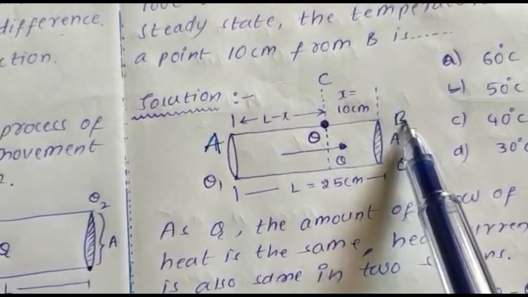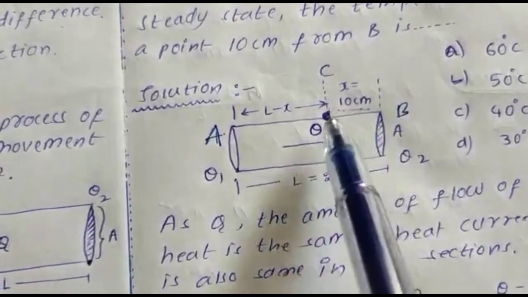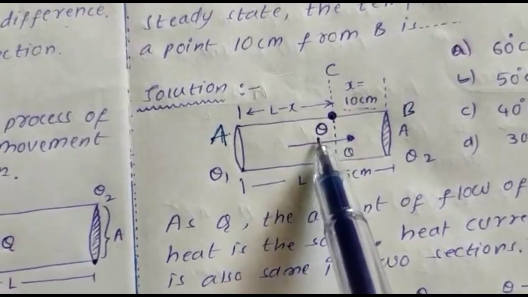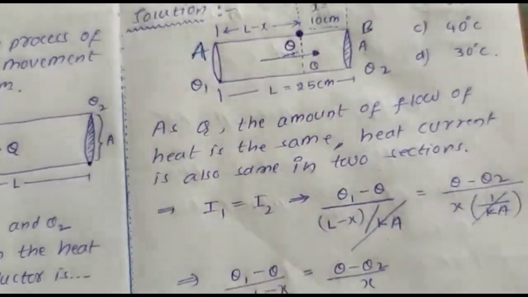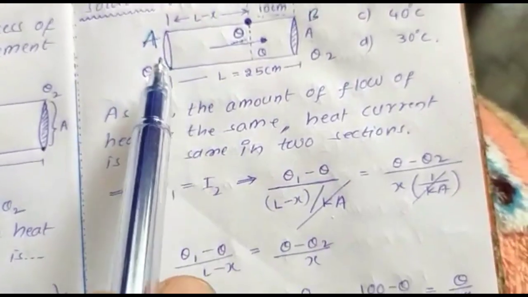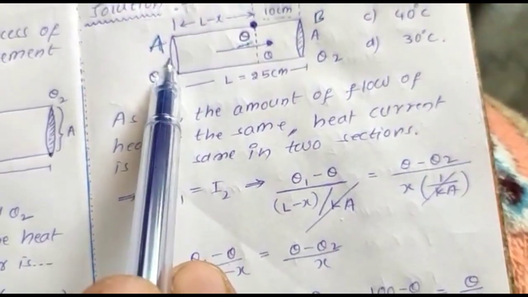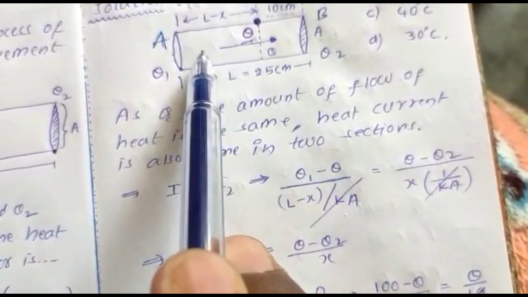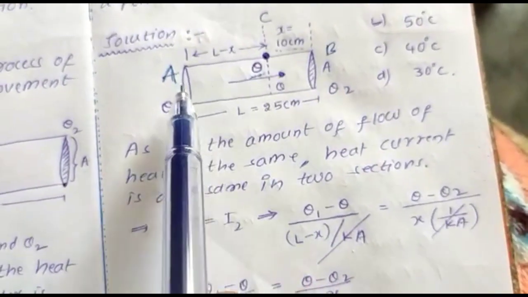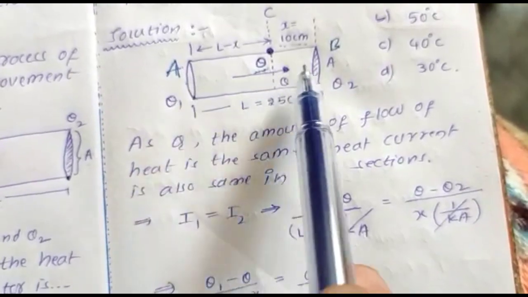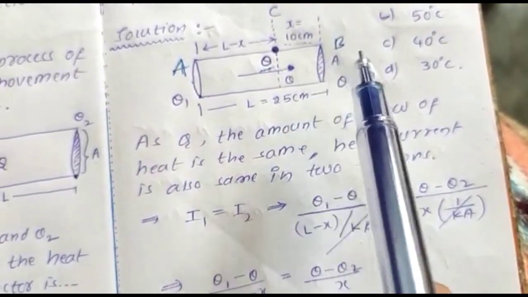From end B at a distance of 10 centimeter, at this point they are asking what is the temperature. If you observe the problem, when the heat flow starts from end A to B, the same amount of heat is flowing, meaning how much starts from A, the same amount of heat reaches B.